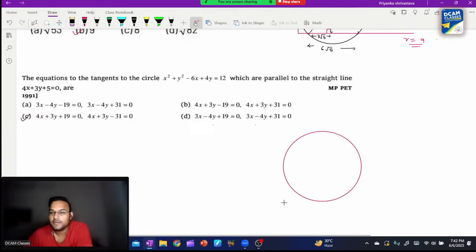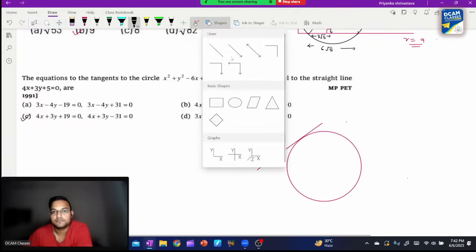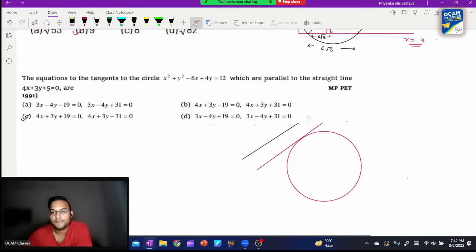The easier way is the tangent that we want to find out is parallel to this particular line. See, Diva, why this is important, the straight line knowledge. You have seen it or not, I don't know.